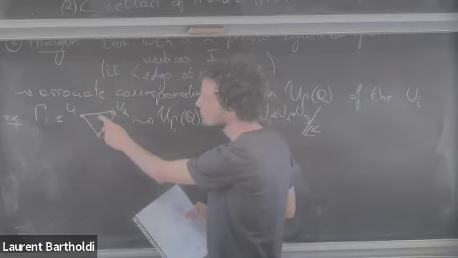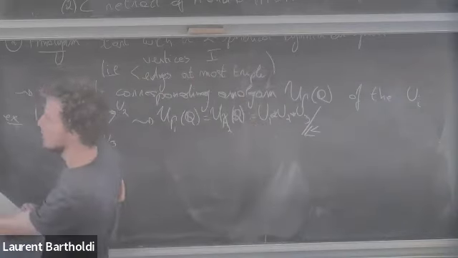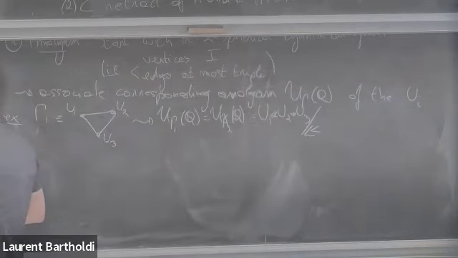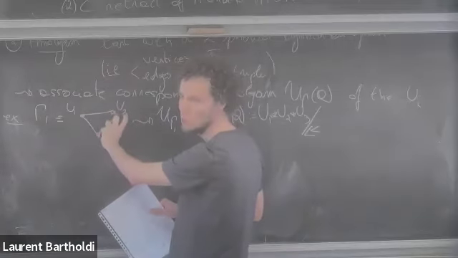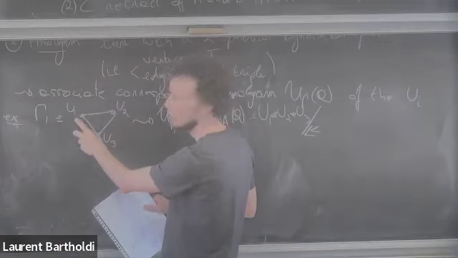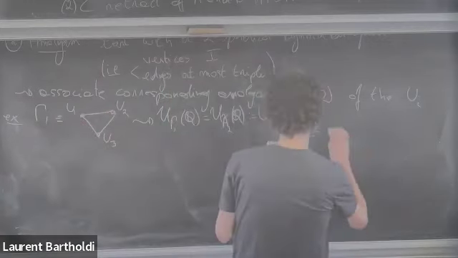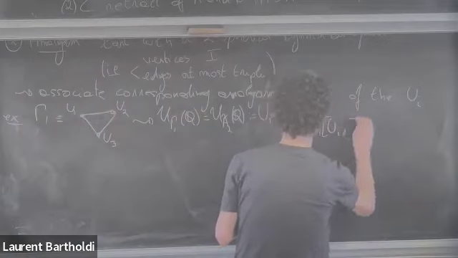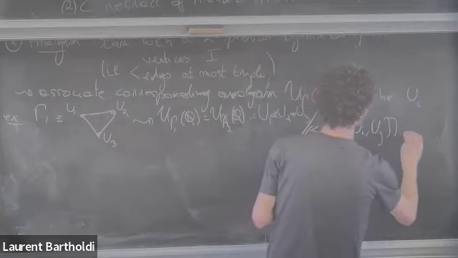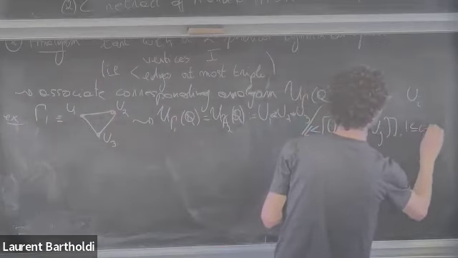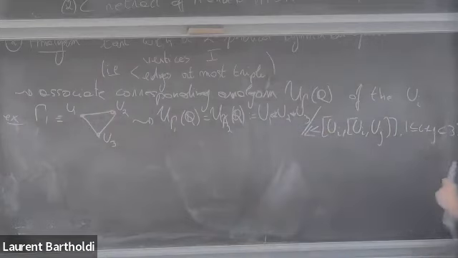So here you have a simple edge, so you have an A2, and then you add these relations between U1 and U2, and the same relations between U2 and U3, and between U1 and U3. So here, for example, this will amount to looking at all the relations of this form for any i and j distinct between 1 and 3.